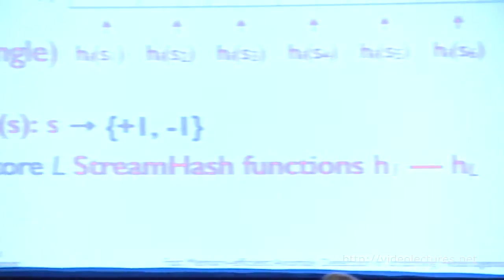Is there a way of achieving exactly what SimHash does, but without needing to store these random vectors of this size? And we propose a way to do this called StreamHash. And the key idea is simple. Instead of storing these plus or minus 1 values for every shingle, we have a function that computes these values for every shingle.